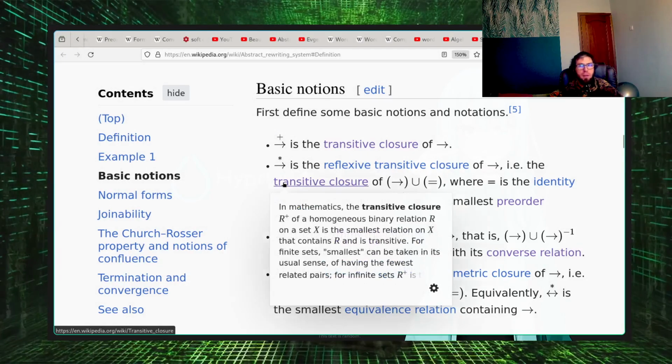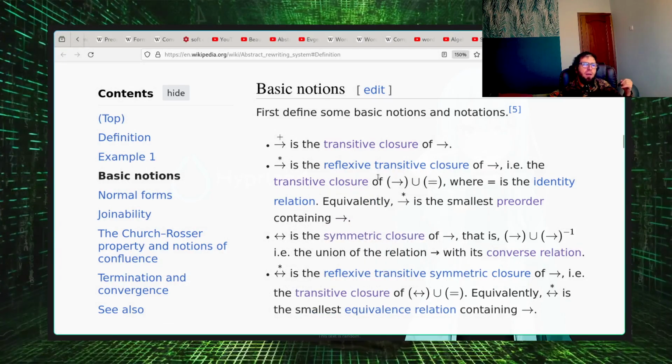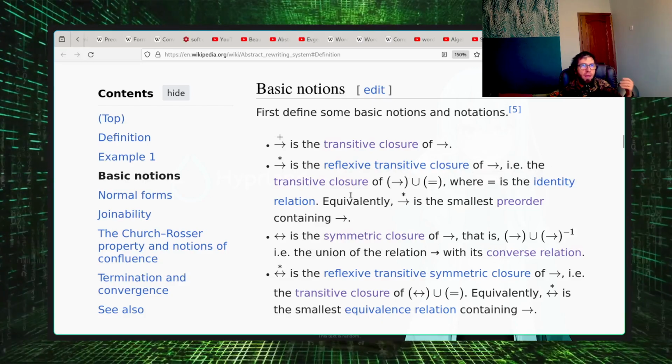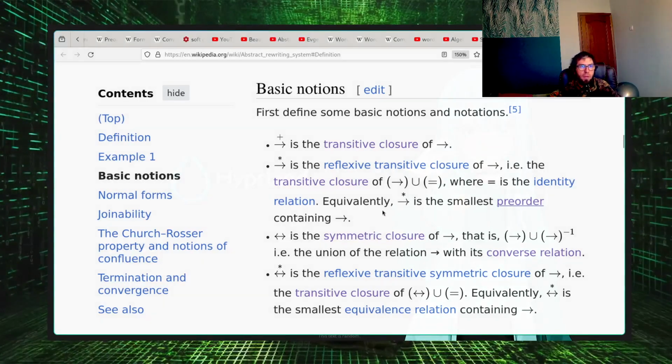And if they have this arrow with the star, this means that we have the reflexive transitive closure of arrow, i.e. the transitive closure of arrow union with equality, with the actual identity relation.